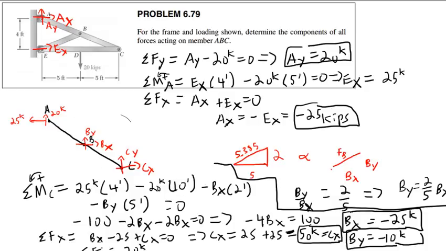BY will be a minus 10 plus CY equals 0. And from this, we can get that CY equals negative 10 kips. Like so. And that's our final answer.